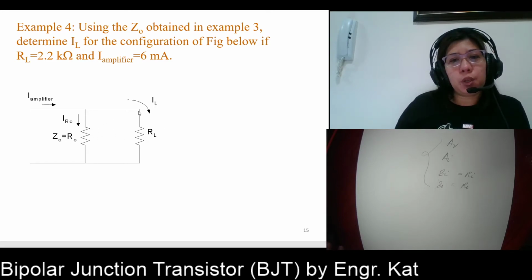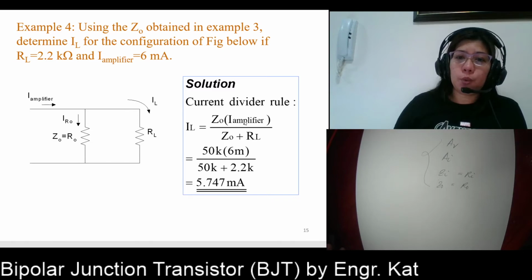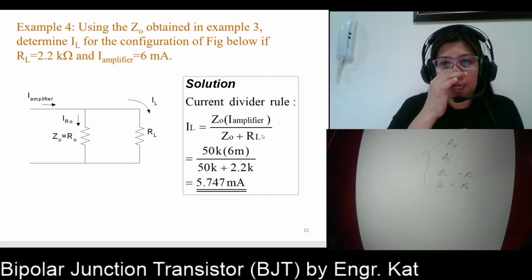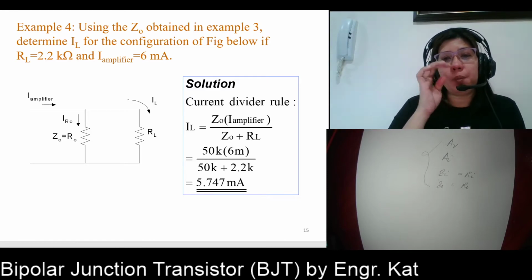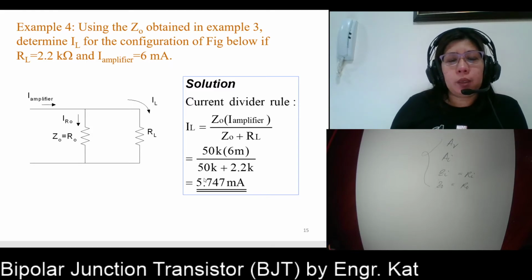By the current divider rule, your IL is ZO, from the amplifier, opposite, divided by ZO plus RL, multiplied by the total current, which is your I amplifier. From the previous example, we solved for ZO, which is 50 kilo ohms, multiplied by the total current of 6 milliamperes, divided by 50K plus the 2.2 kilo ohms load resistance. That will give you 5.747 milliamperes.